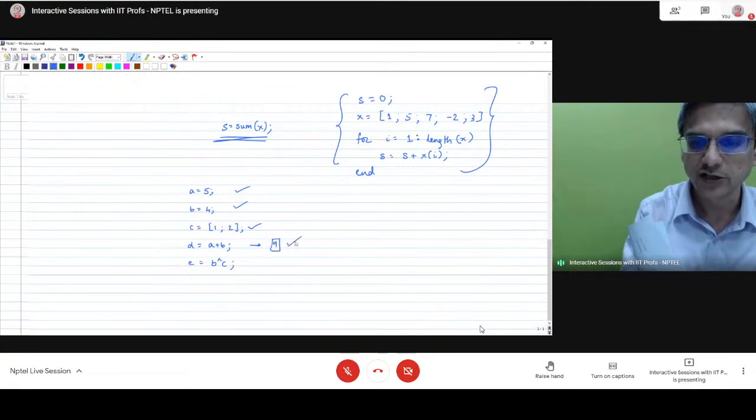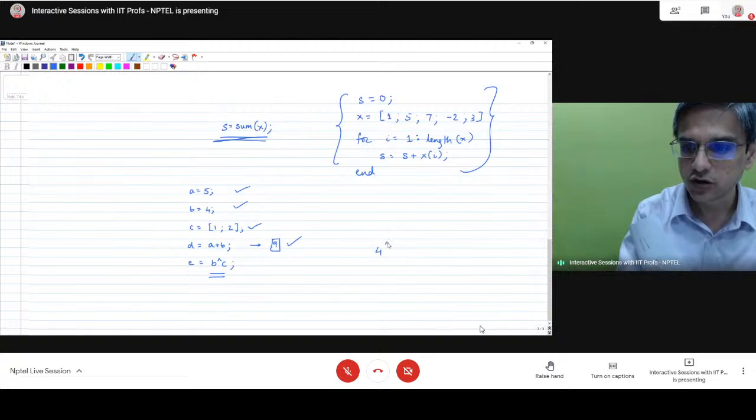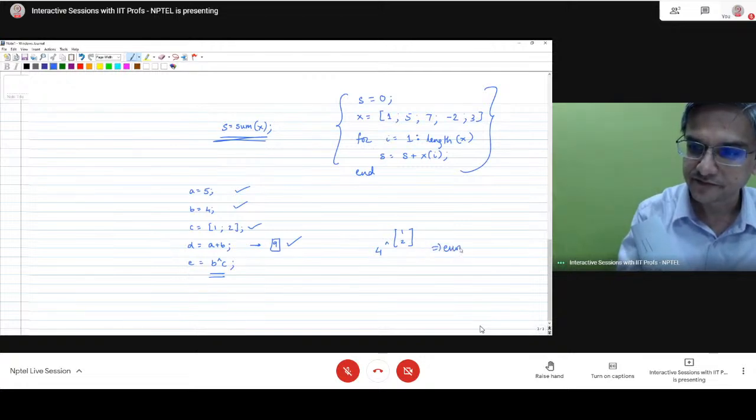So D will hold a value of 9. When it comes over here, this is 4 to the power of 1, 2, which will give an error.